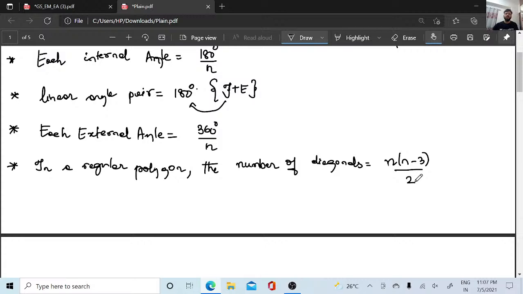Right? n into (n minus 3) by 2 will give me the number of diagonals.